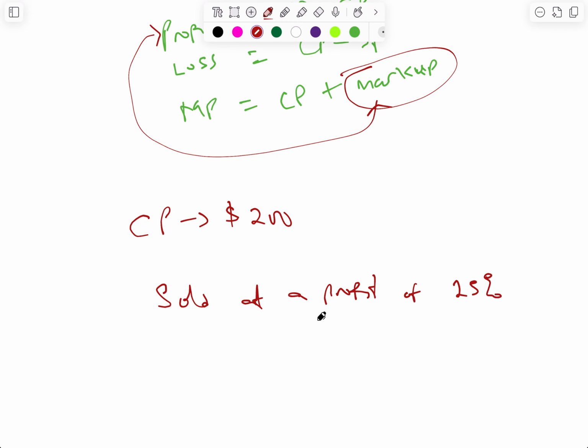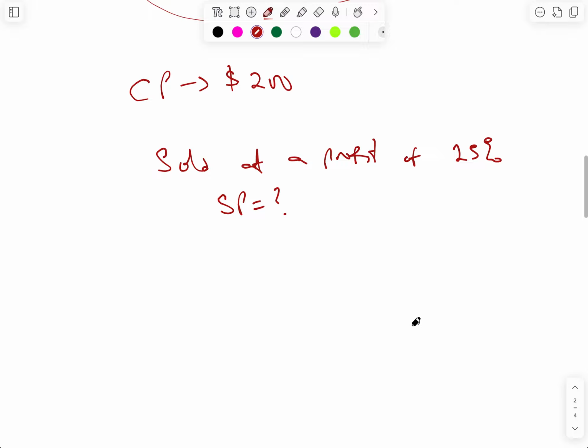So how will you calculate the selling price? So what will be the selling price of this thing? There are two ways you can go about this. I'm going to show you the two ways. The first thing is that you will find the percentage of the cost price that is 25%. So you say 25% of 200.